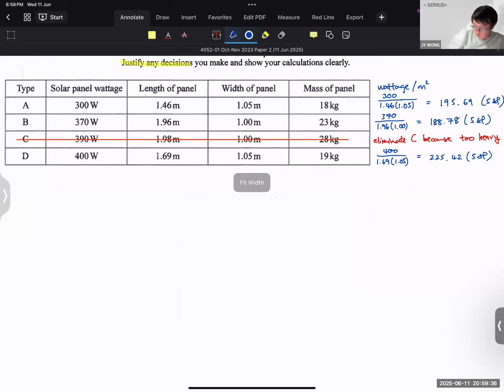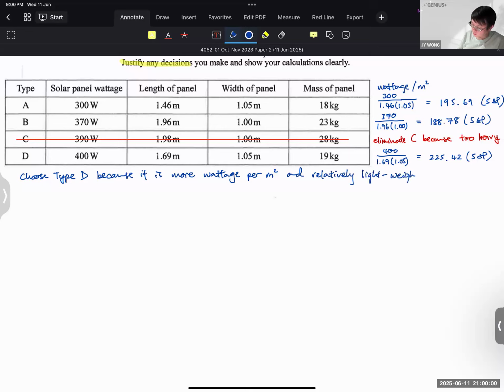They say justify any decisions that you make. Choose type D because it has the most voltage per meter square and is relatively lightweight. Right?